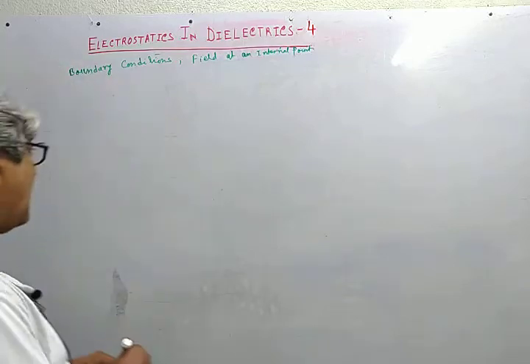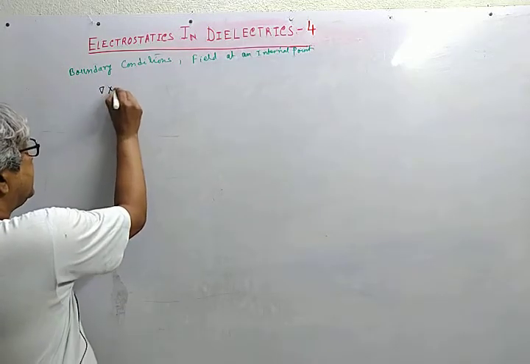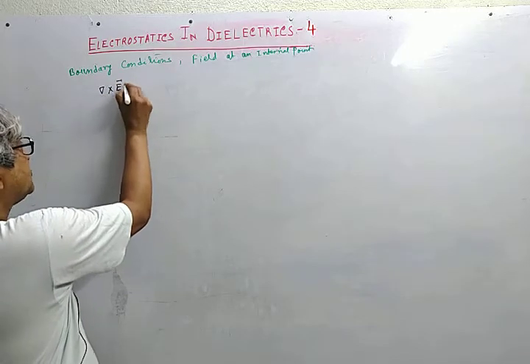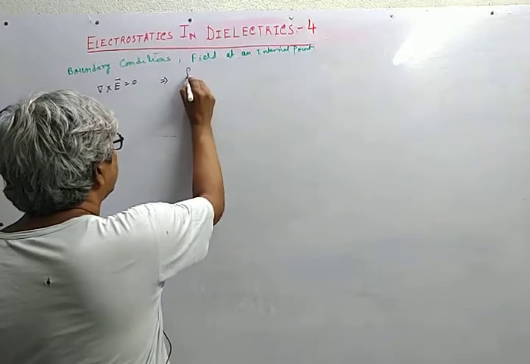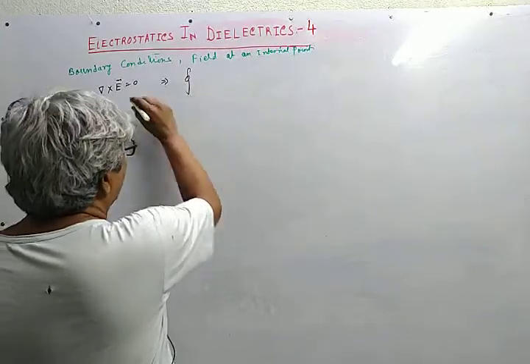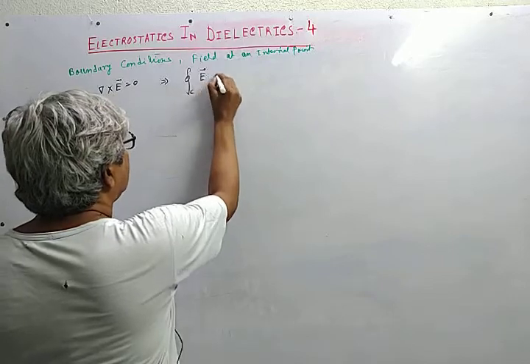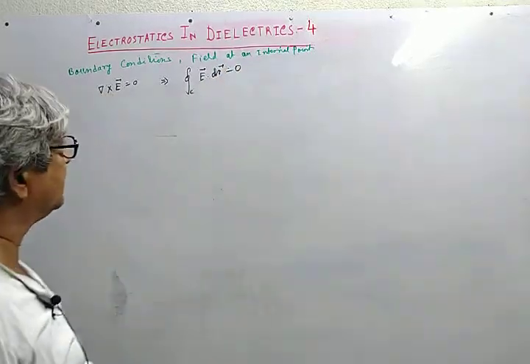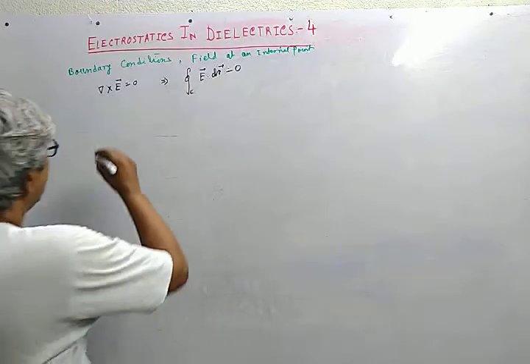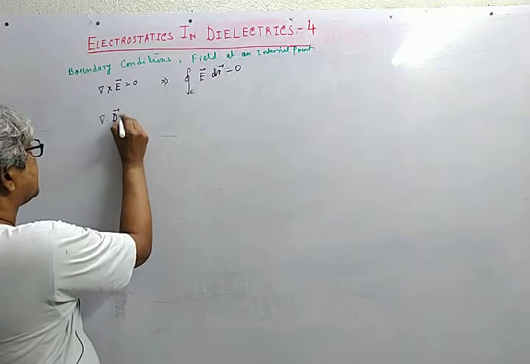If we confine ourselves to the electrostatic case, then it is a conservative force field, so curl E is 0. In the integral form it becomes the contour integral of E dot dl over any closed path is 0. This is one equation, and another equation is Gauss's theorem in electrostatics.